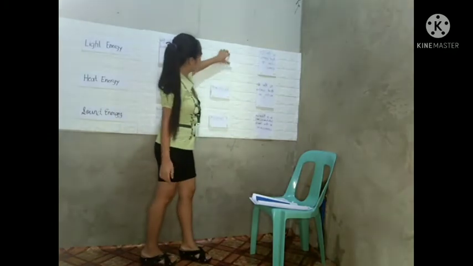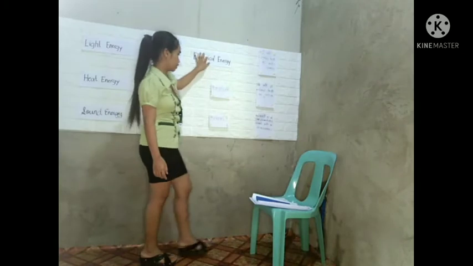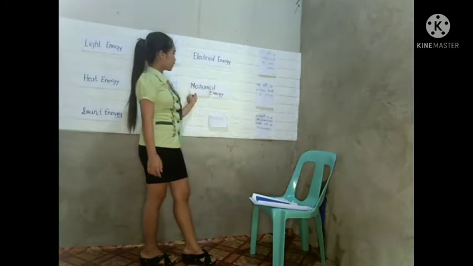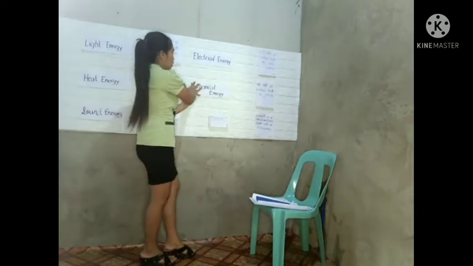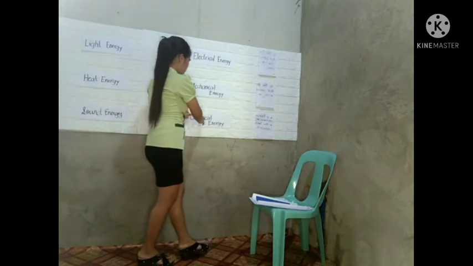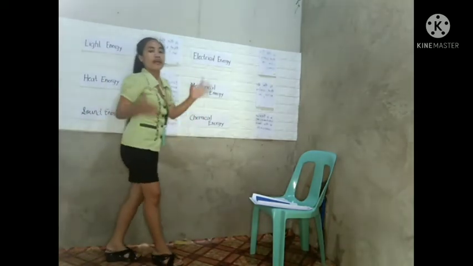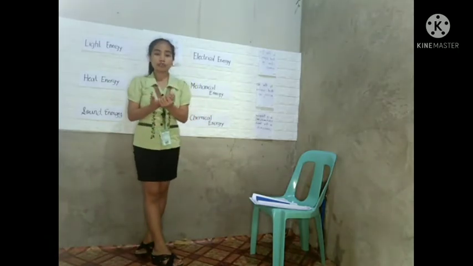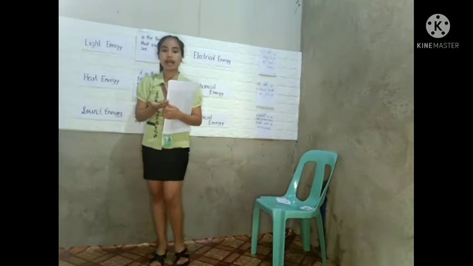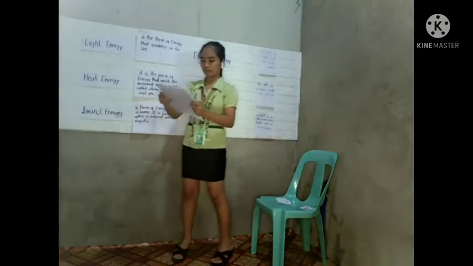Next one, electrical energy. Mechanical energy. And the last, chemical energy. These words are actually the different forms of energy. To know more about them, let us discuss them one by one.